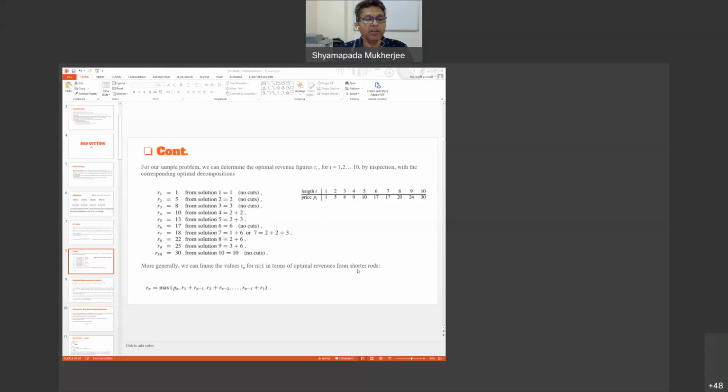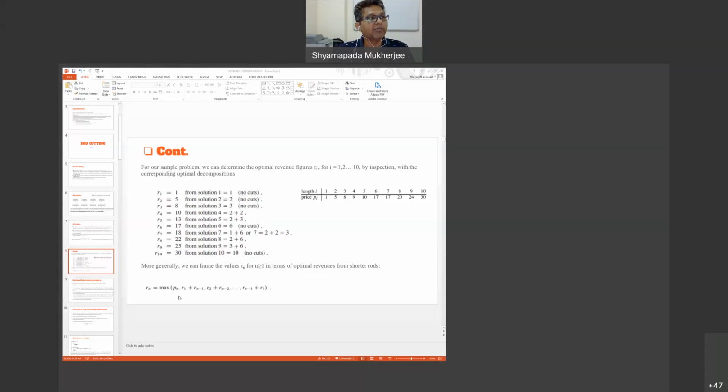So if we want to represent this mathematically, the revenue Rn can be written as the maximum of Pn, comma R1 plus Rn minus 1, comma R2 plus Rn minus 2, and so on up to Rn minus 1 plus R1. Okay, so what does it mean? Pn denotes that if we don't cut the rod at all, that may be one value.